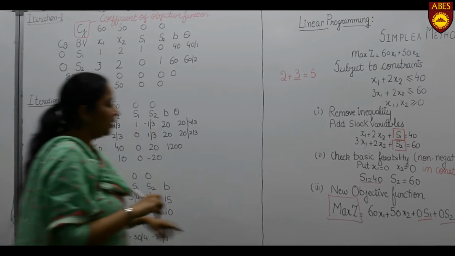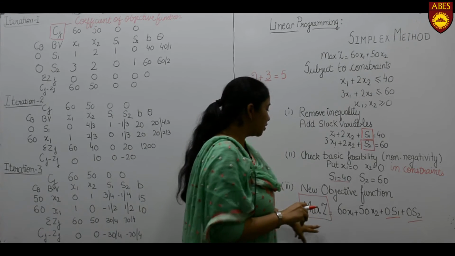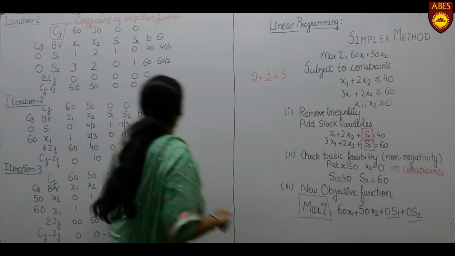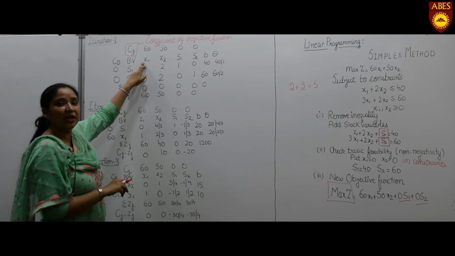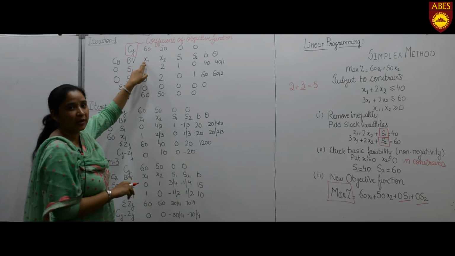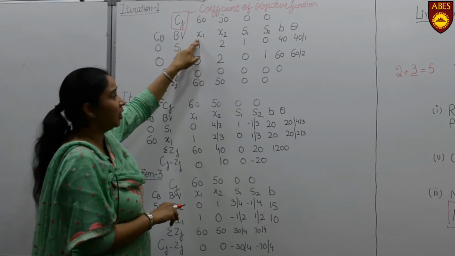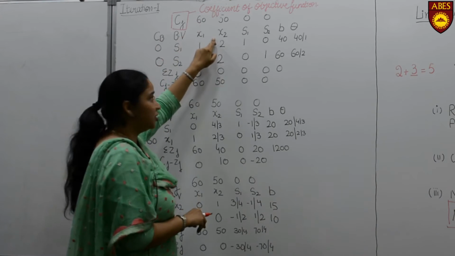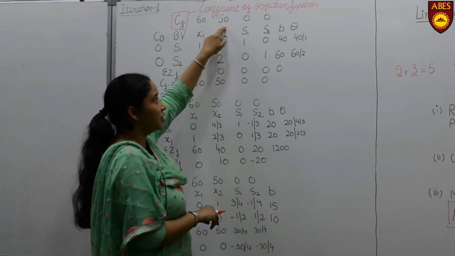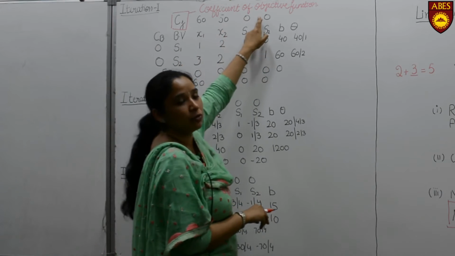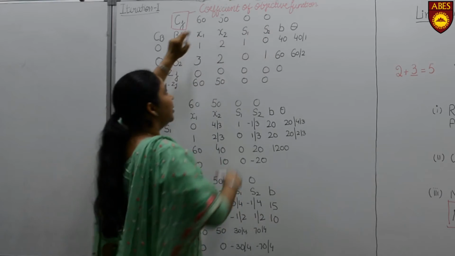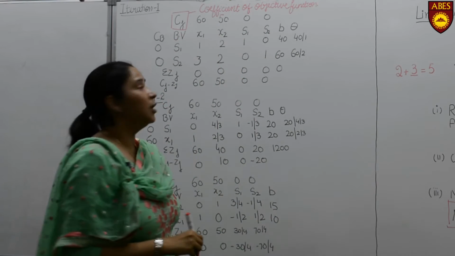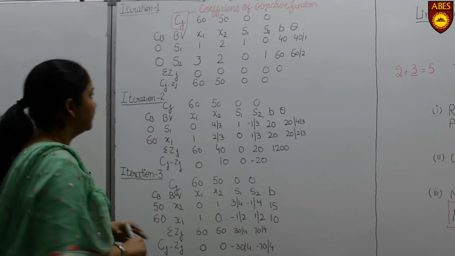Here we can see what the coefficients of the objective function are: 60, 50, 0, 0. Below that we will have x1, because x1 has a coefficient 60 in our objective function. x2 has a coefficient of 50, s1 0, s2 0. So here we will write down the coefficients of the objective function in the Cj line.